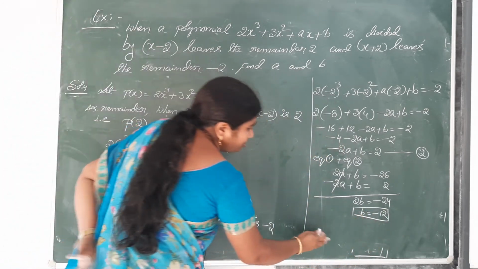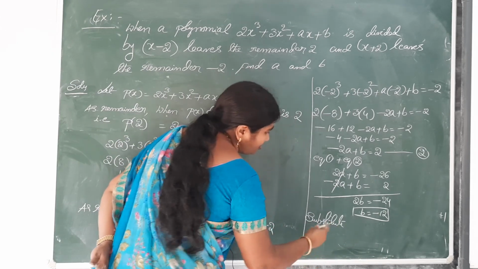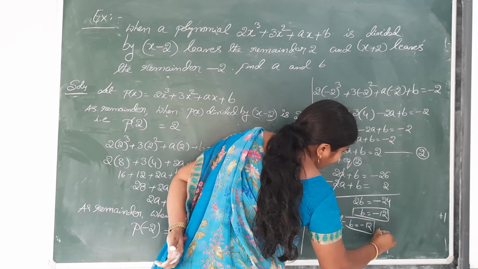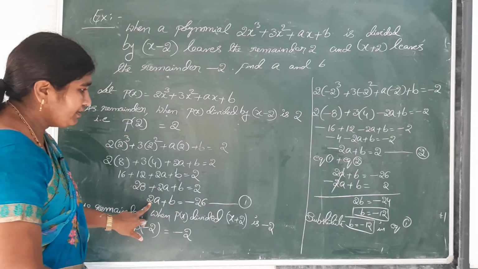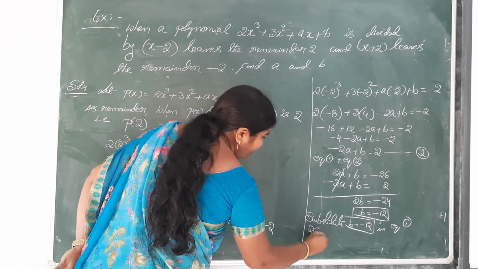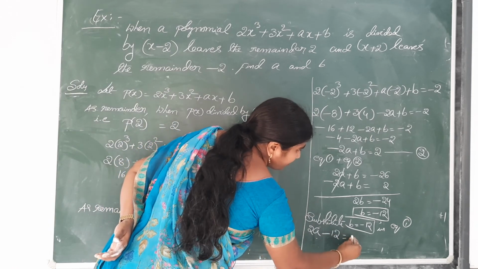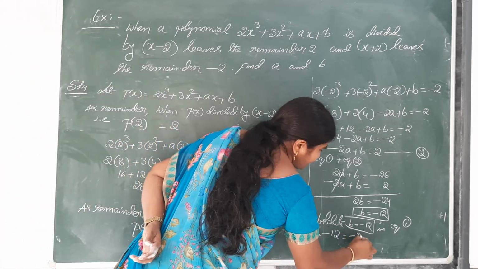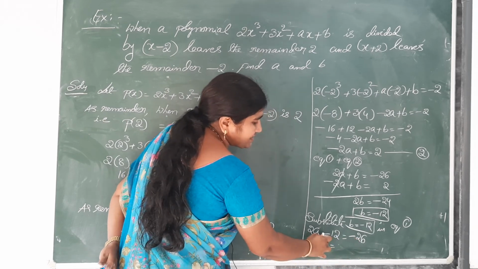Substitute b equal to minus 12 in equation 1. We get 2a plus b, value is minus 12, so 2a minus 12 equal to minus 26. 2a equals minus 26 plus 12.